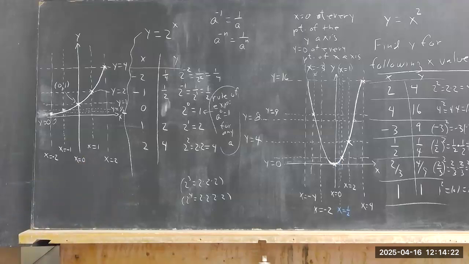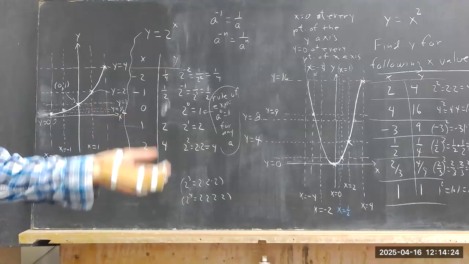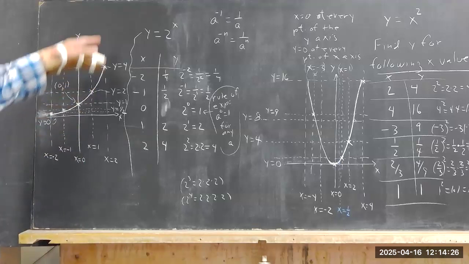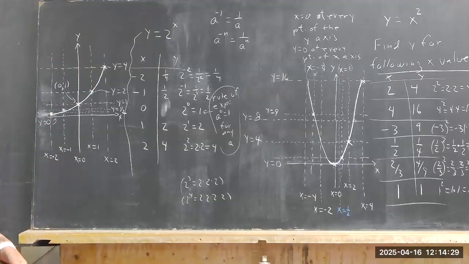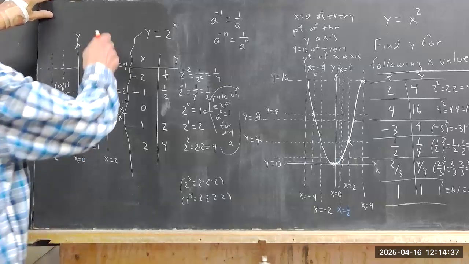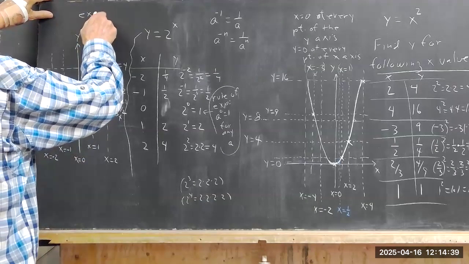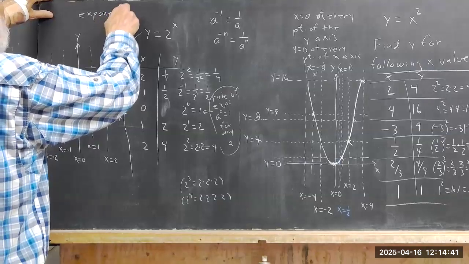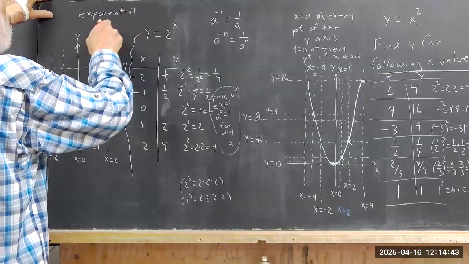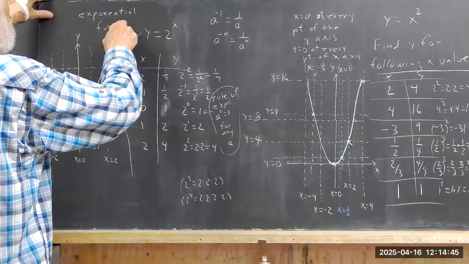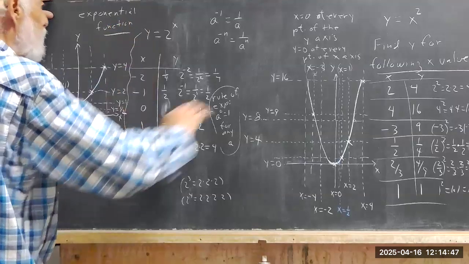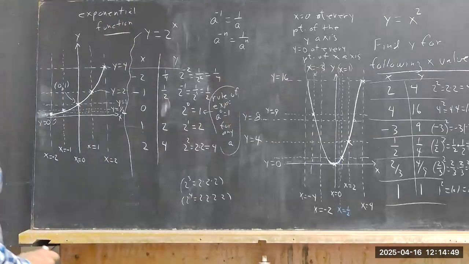Or after 11 years. Now, you can also do it with your calculator, but you can just draw this graph, and if you do a good freehand graph, you can come up with a pretty good estimate, okay? This is called an exponential function. That's your squaring function or quadratic.